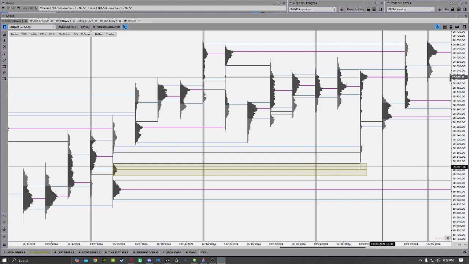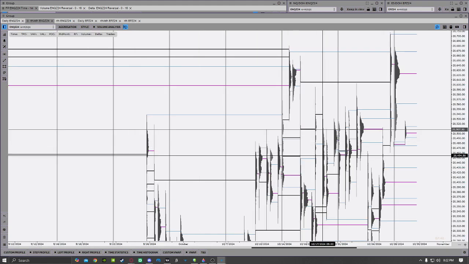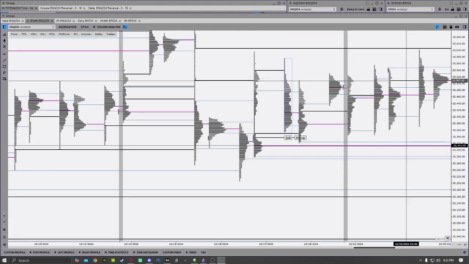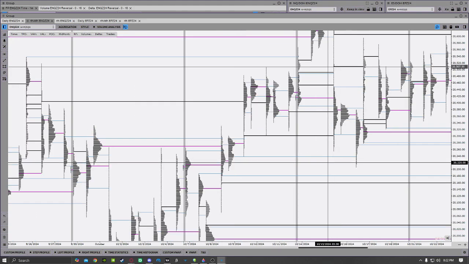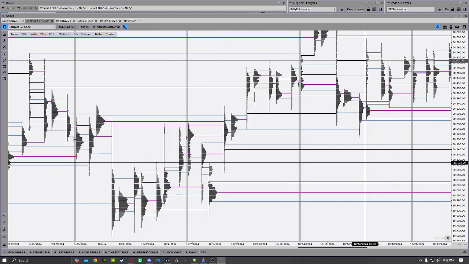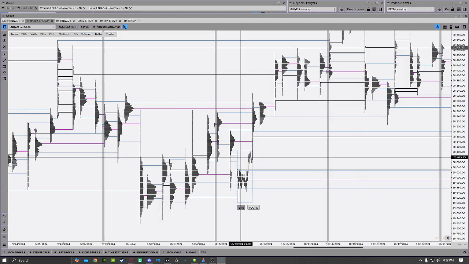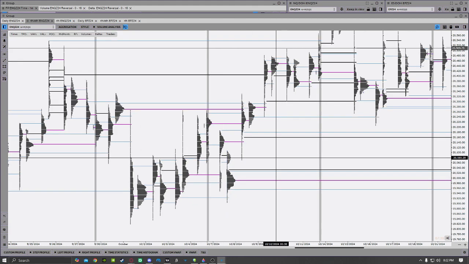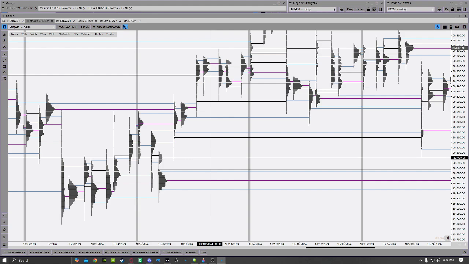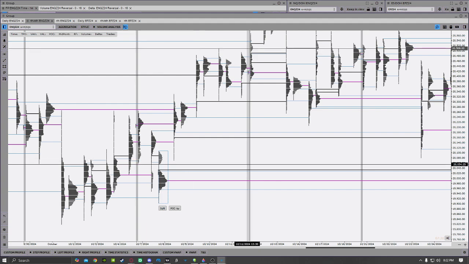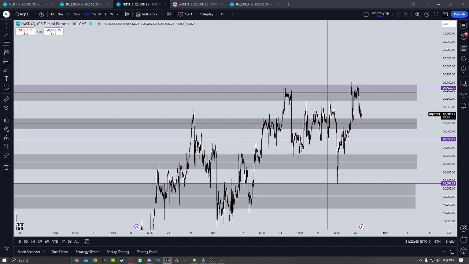It bomb ticks. So that's how you know this is a good level. Value, and there's a shelf there. So that's kind of just AMT for you.